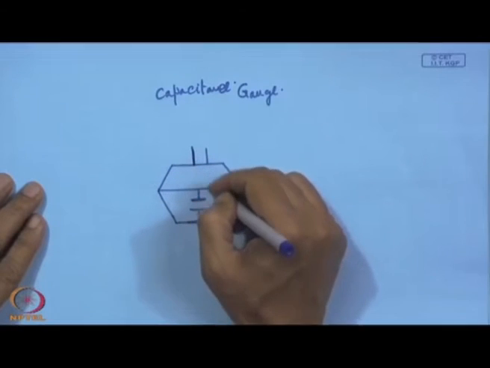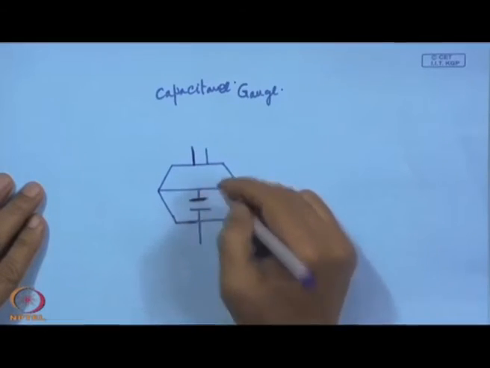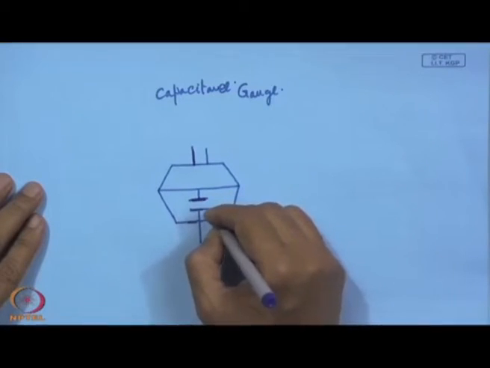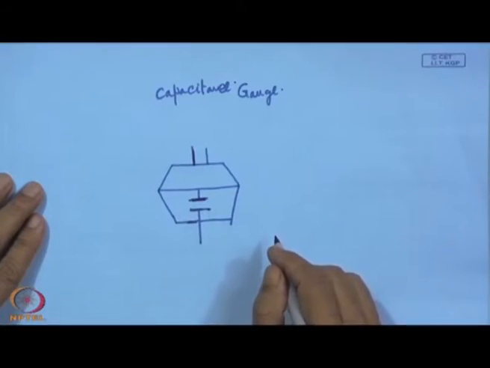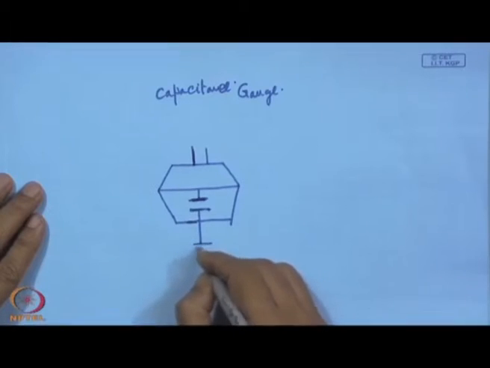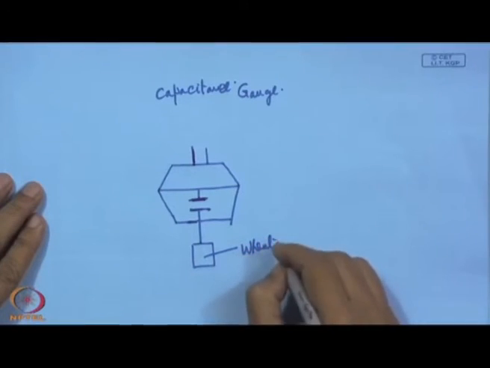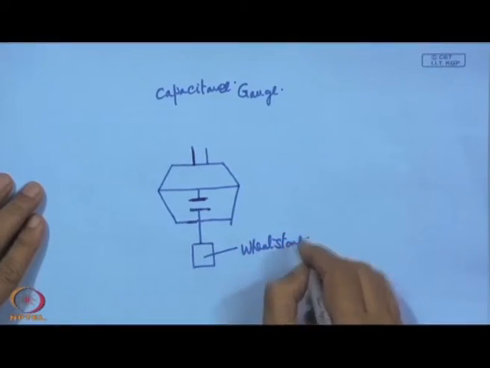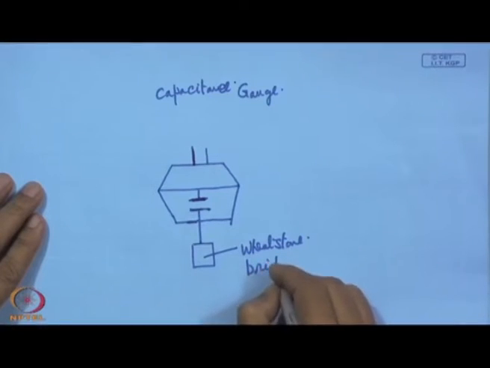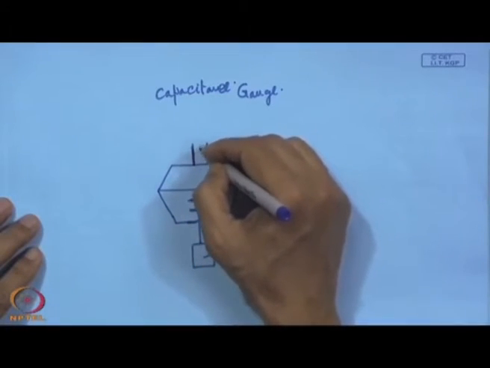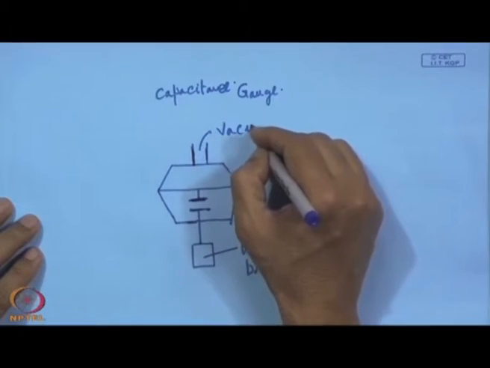So, these are the two plates of the capacitor, and on this side we have the Wheatstone bridge for the capacitor, and this side is connected to the vacuum chamber.